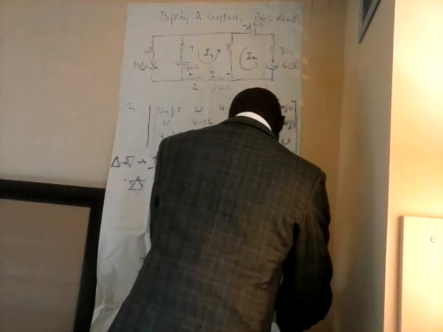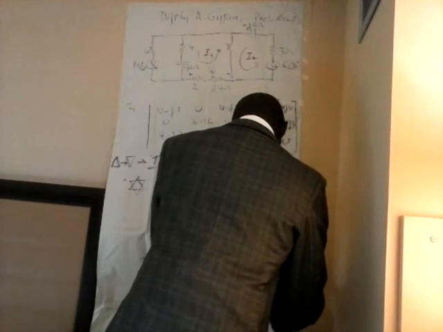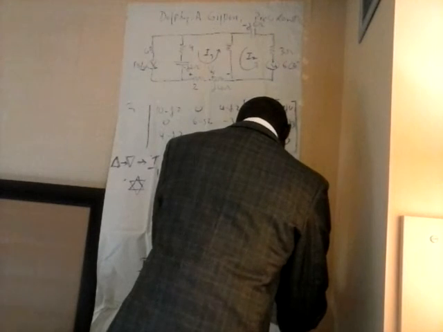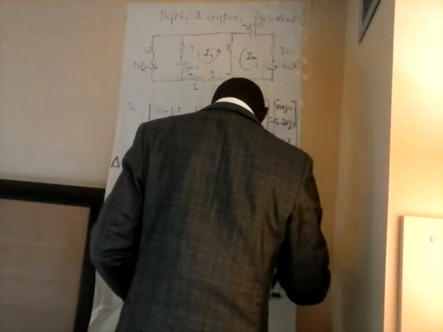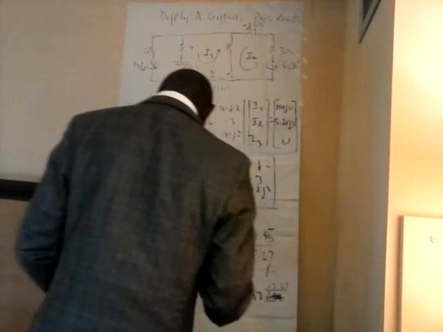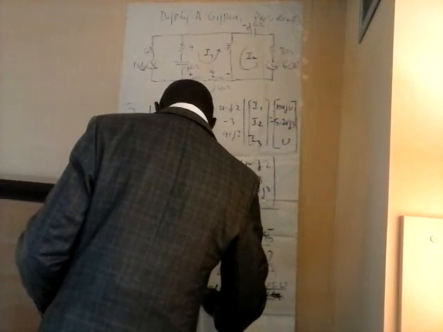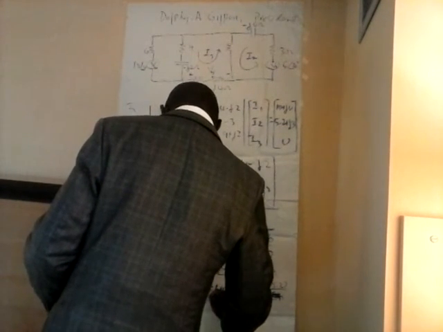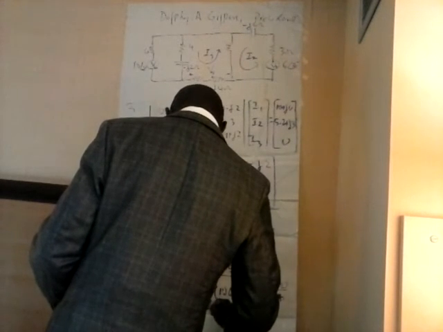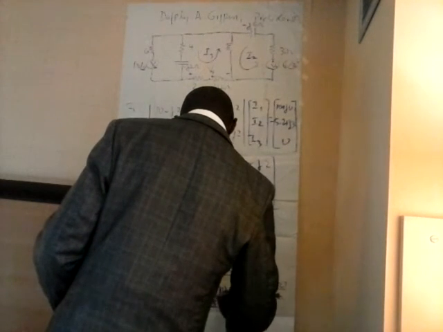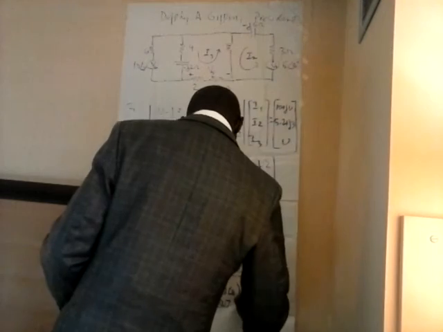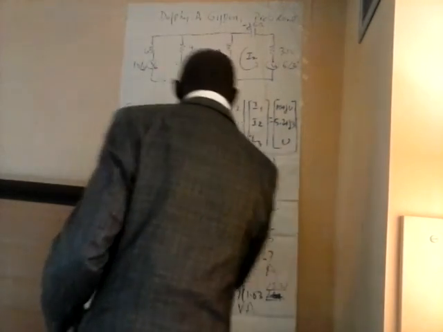Where we get this? And that will be equal now to 10.3 at the angle of 5.27 VA. That's VARs, that's complex power.